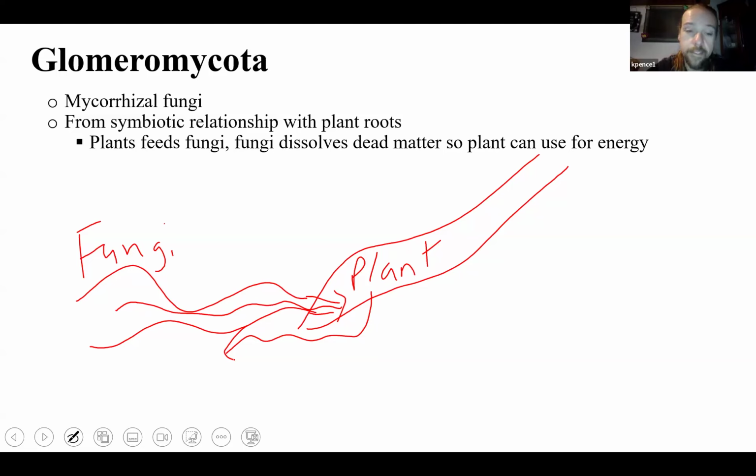A lot of plants, if you were to remove the fungus, will die because they can't get the materials they need in order to go through photosynthesis. And if you buy fertilizer for your plants, the fertilizer itself might actually have the Glomeromycota hyphae in there as well. That way it'll benefit the plant with the fertilizer.